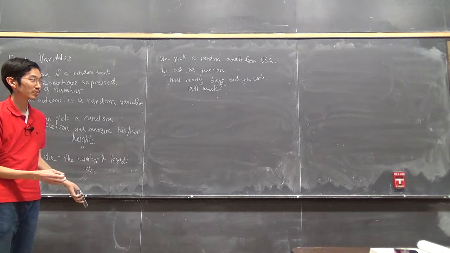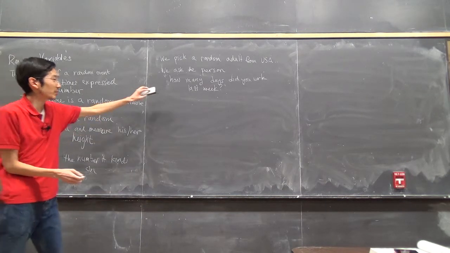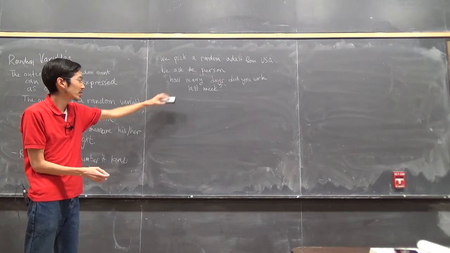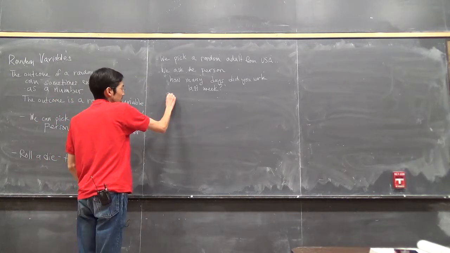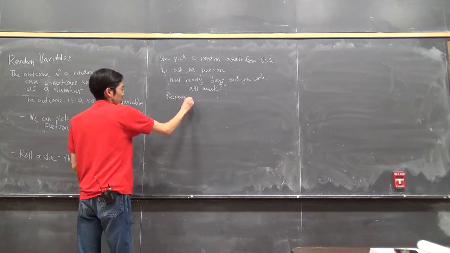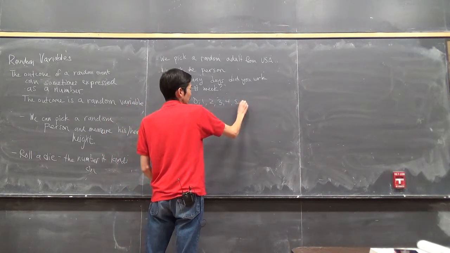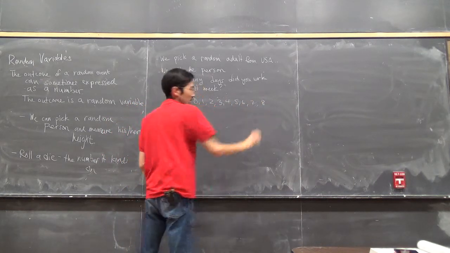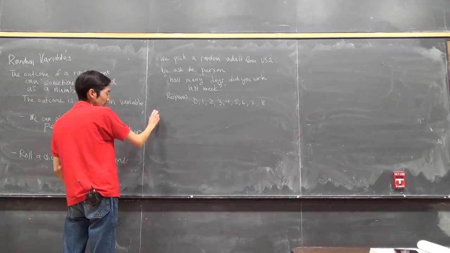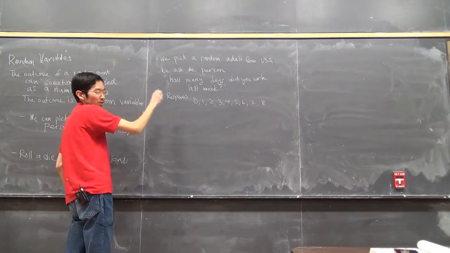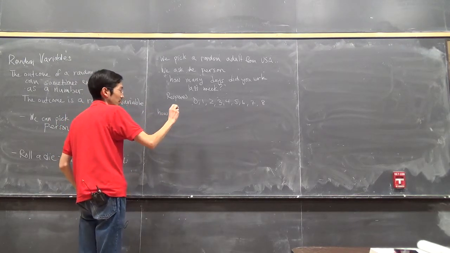Or, to make it simpler, our responses here could be 0, 1, 2, 3, 4, 5, 6, 7, and 8. Let's for our example make it easier, and say, how many days did you work last weekend?